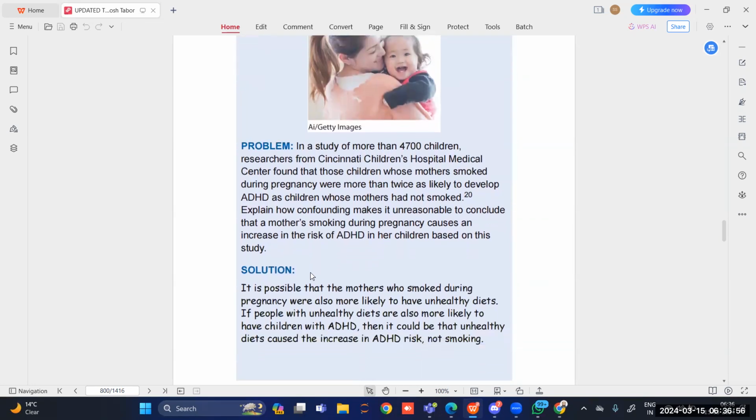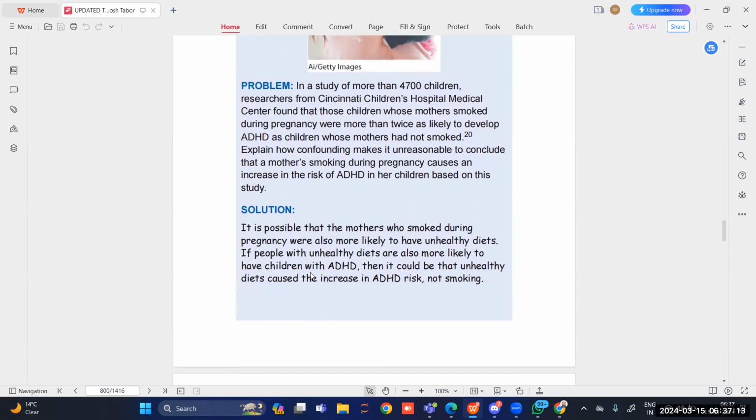So it is possible that mothers who smoke during pregnancy were also more likely to have unhealthy diets. If people with unhealthy diets are also more likely to have children with ADHD, then it could be that unhealthy diets cause the increase in ADHD risk, not smoking. Therefore, it is confounding.